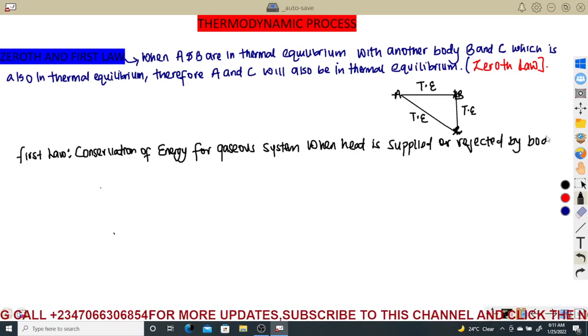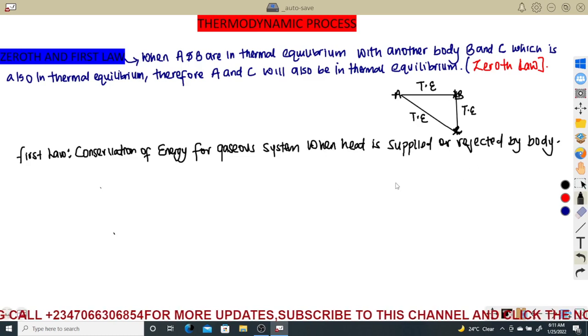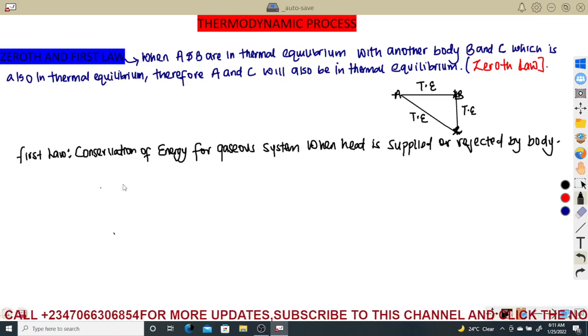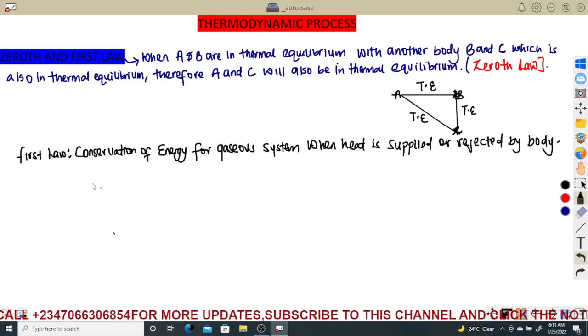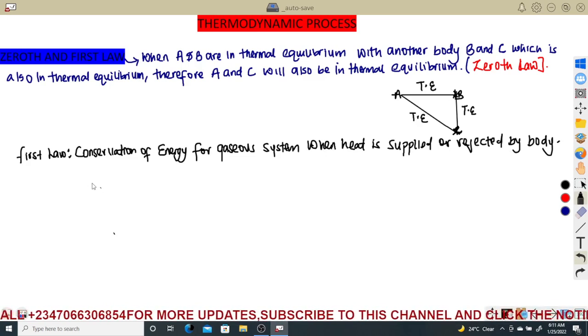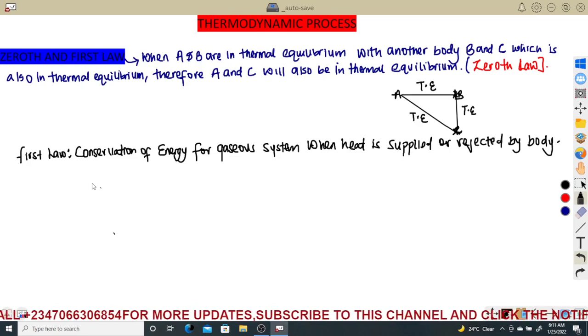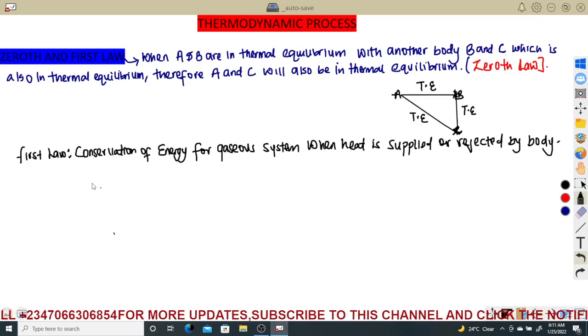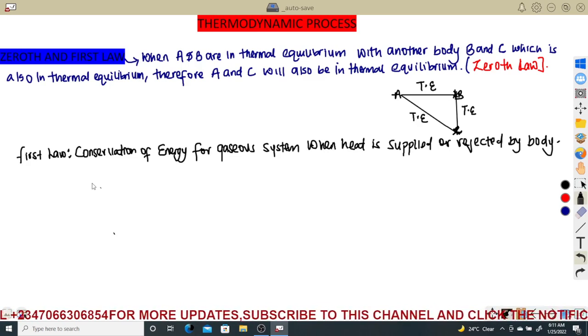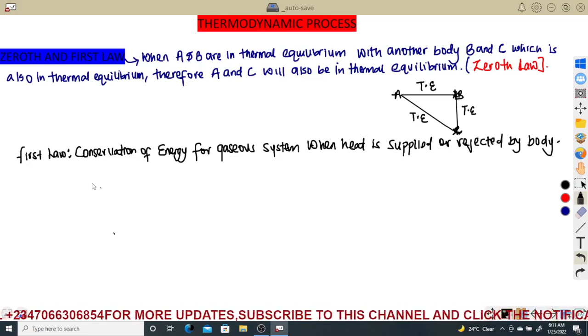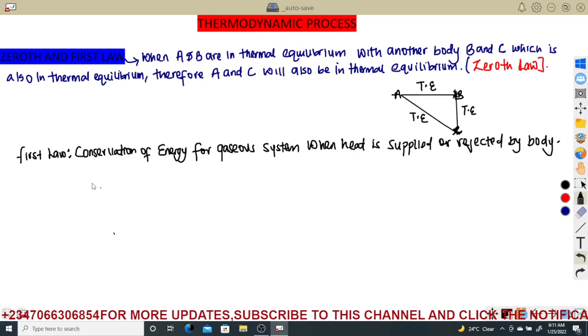What we are trying to say here, because we are doing it the physics way, is that the first law of thermodynamics is the law of conservation of energy for a gaseous system. So we are analyzing a gaseous system. We are not talking about solids and liquids, so we have to keep that at the back of our mind. And because we are talking about a gaseous system, energy is conserved when you supply it to the body.